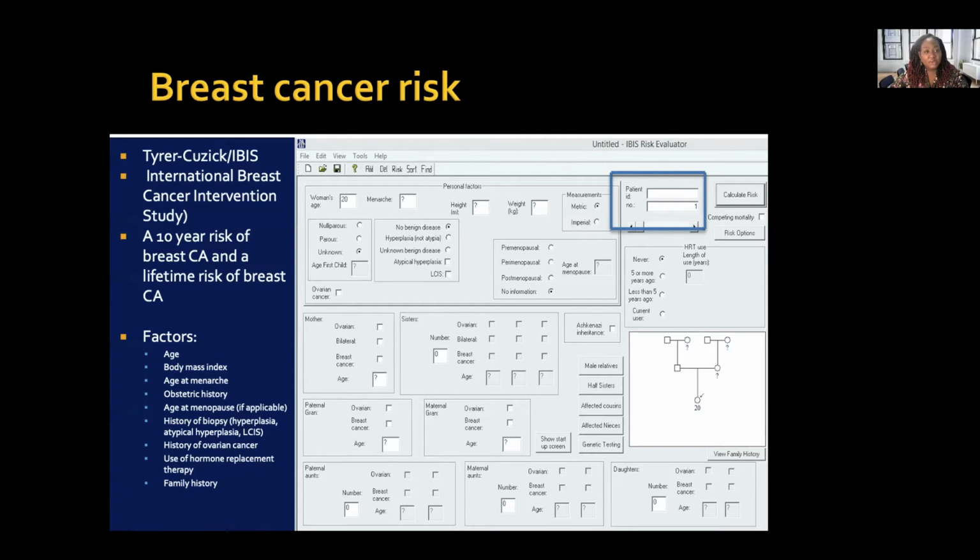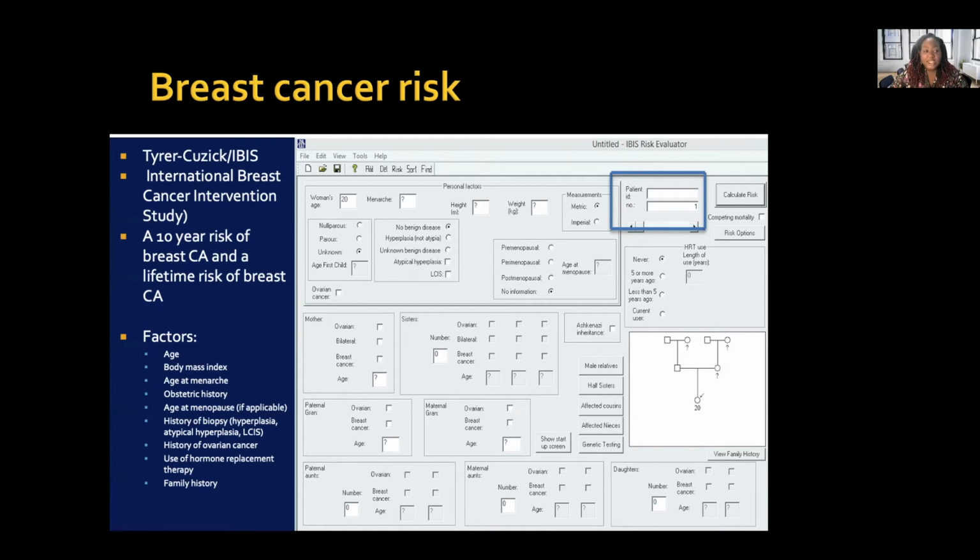Some of the factors that we're looking at include age, body mass index, the age of menarche, obstetric history, age of menopause, the history of previous biopsies. So that's one thing that this takes into account that other models haven't really in the past, but it takes into account previous biopsies that may have had hyperplasia, or LCIS, or atypical ductal hyperplasia.